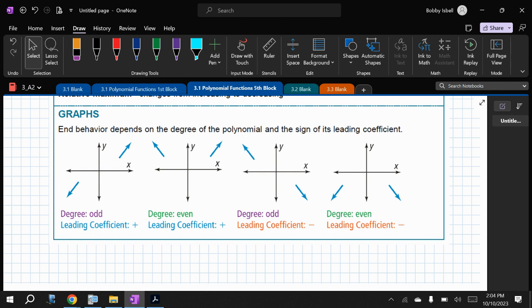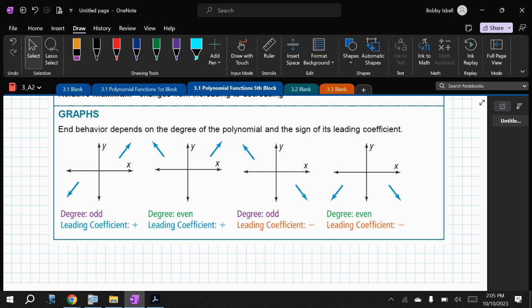On 26, we did 2 examples very much like that. 27, relative minimum. That's a minimum on the graph. And then 28 and 29 are a couple of word problems. Key formula for volume: remember that volume is length times width times height.